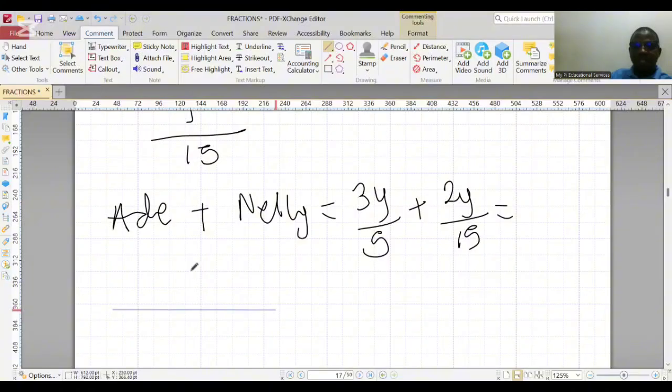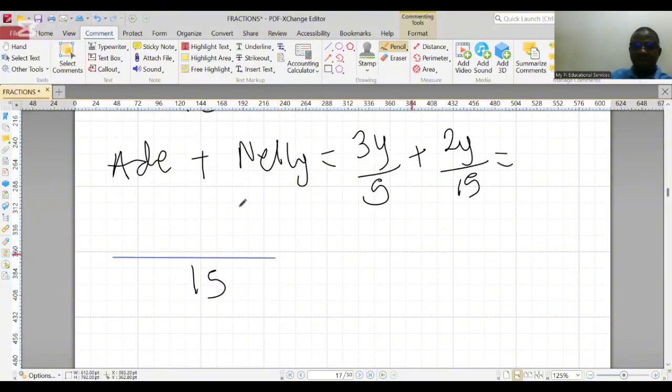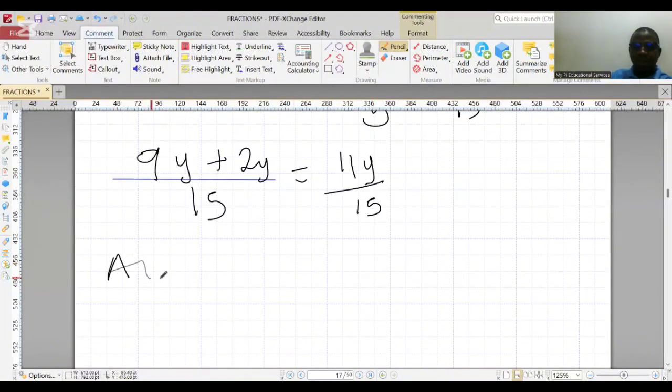So we have 15 divided by 5, that will be 3. 3 times 3Y will be 9Y, plus 15 divided by 15 is 1. 1 times 2Y will be 2Y, and that will give us 11Y out of 15. So Austin's fraction will now be the remainder. So Austin will receive 4Y out of 15.